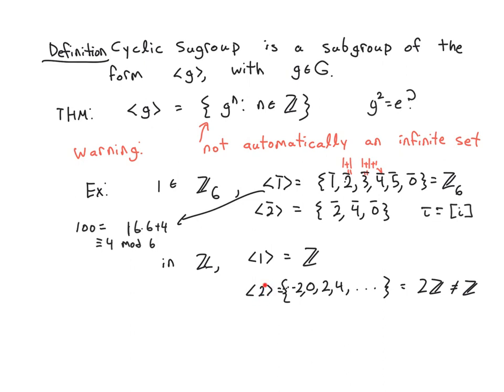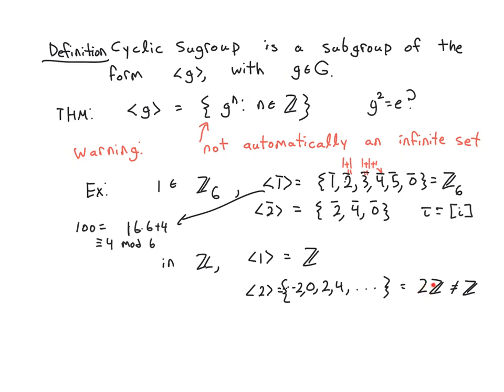What about the cyclic subgroup generated by 2? Well, 2 plus 2 is 4, 4 plus 2 is 6, 8, etc. You start to see that every even number can be written as a sum of 2's. So every positive even integer is in this set. And since you're closed under negation, all the negative even integers are in this set.